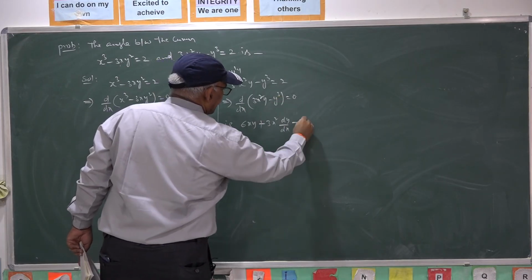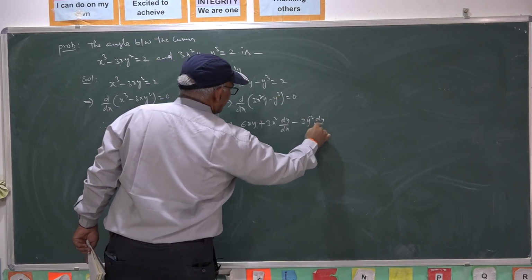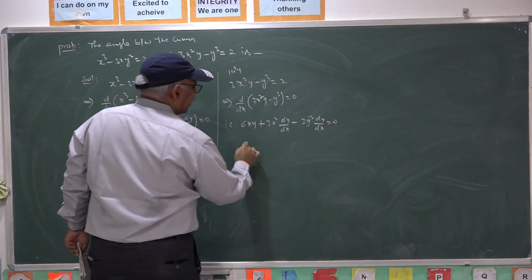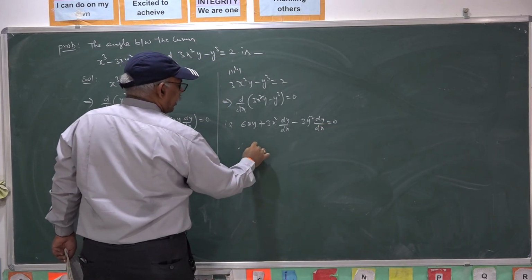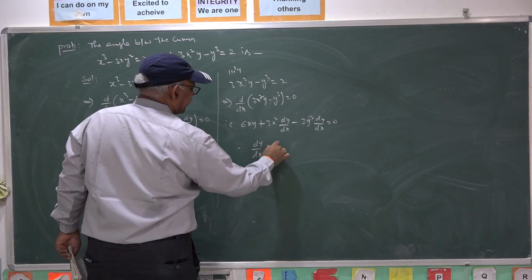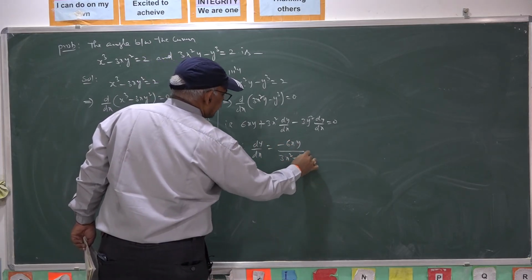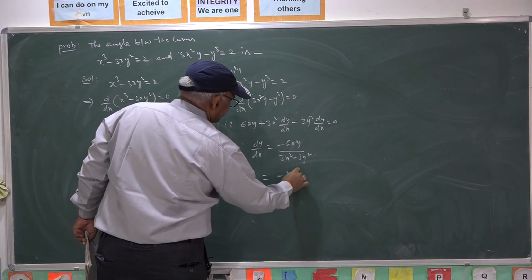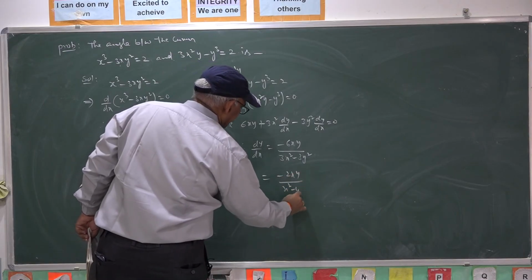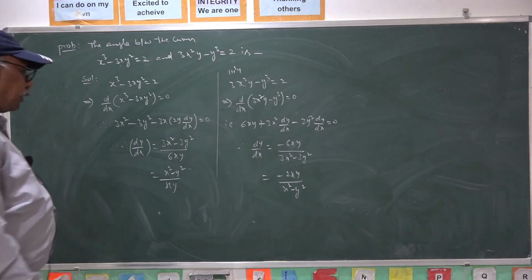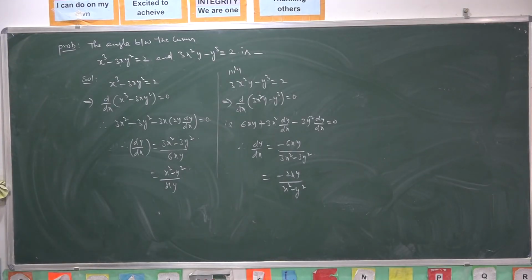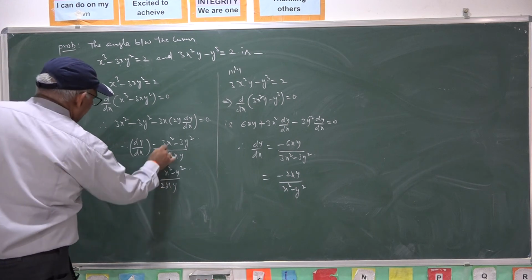For y cube with respect to x, 3y square dy by dx is 0. Hence, dy by dx is given by minus 6xy by 3x square minus 3y square, which is minus 2xy by x square minus y square.